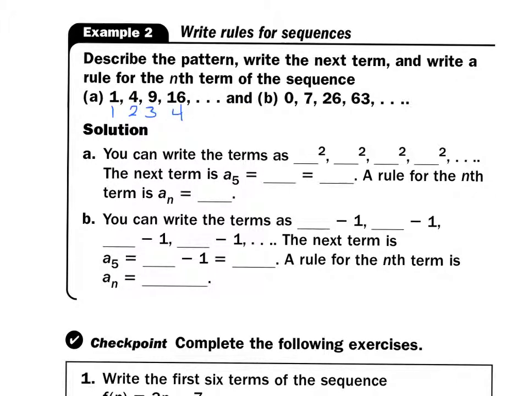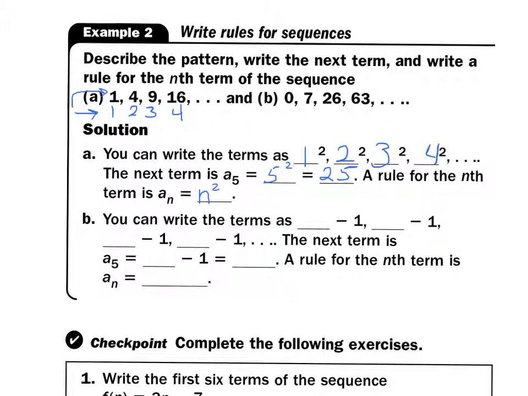Now, how do we go from the term number to the value of the term itself? Well, if you'll notice that these are all squared, right? So we can write these terms as 1 squared, 2 squared, 3 squared, and 4 squared. So the next term, a sub 5, is 5 squared, or 25. A rule for the nth term is we take whatever n that is and we square it.